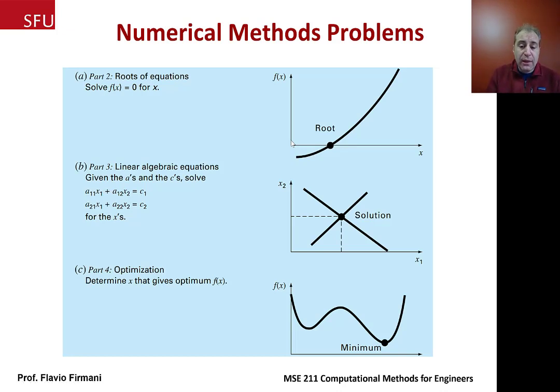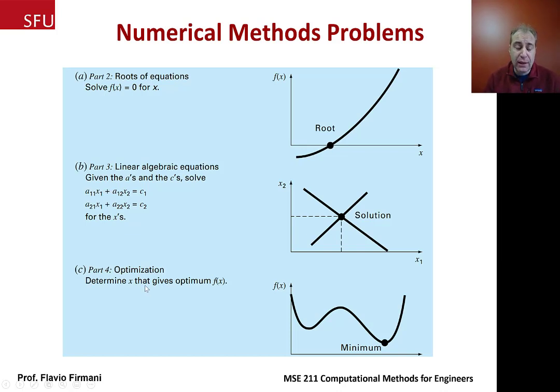Another problem that we're going to do is linear algebraic equations. And in this case, we're going to have a system of equations. In this example, we have two lines, and the problem is to find the intersection point of these two lines. So basically, it's going to be the set of values of x1 and x2 that will satisfy this system of equations.